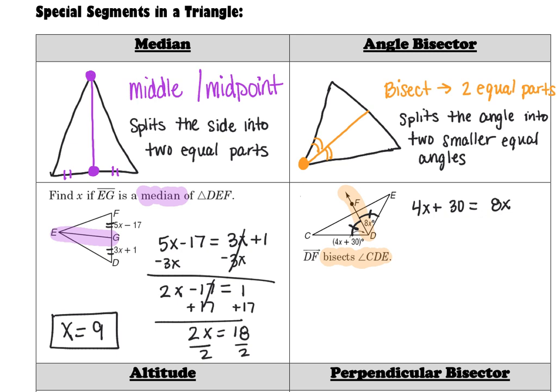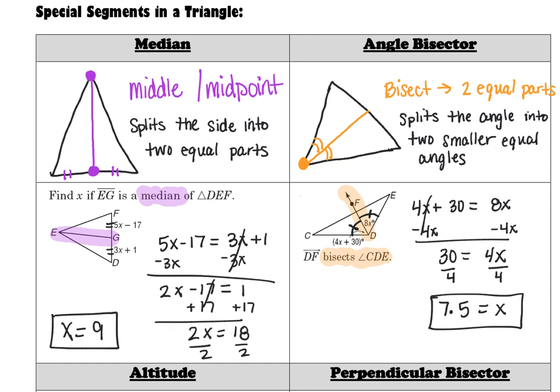All right, let's move our x terms to one side, subtract the 4x, bringing down the 30, and we have 4x on the right side. Let's divide each side by 4, and we're going to get an x value of 7.5. So there's our angle bisector example.